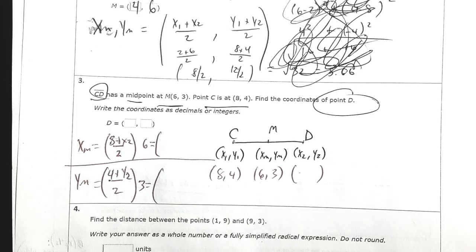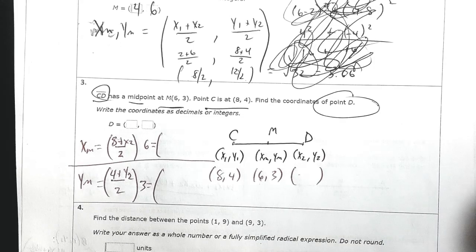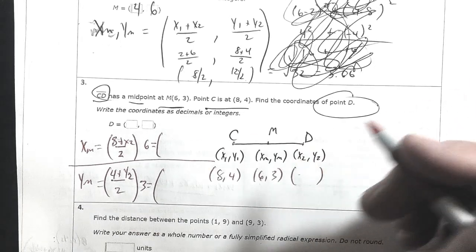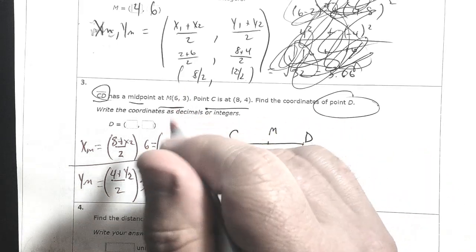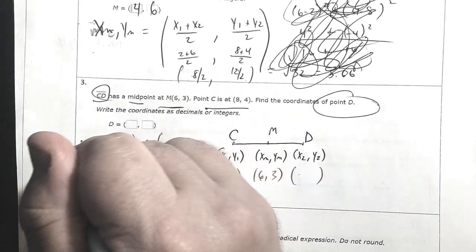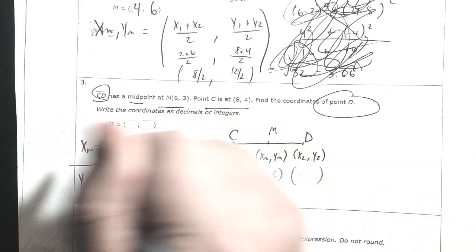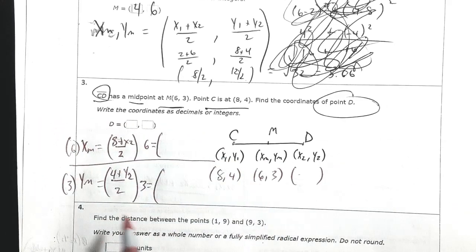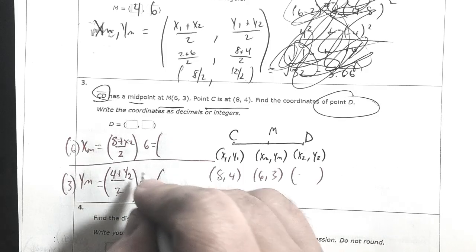All right, let's see. Yeah, I should have scooted that over. Oh well. All right, so we're going to go ahead and we'll put this. This was 6. This was 3. I'm doing that because we're going to multiply both sides by 2. So we multiply this by 2.